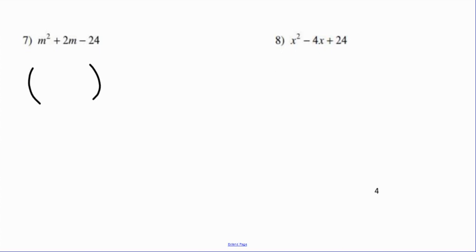Next, I have m squared plus 2m minus 24. So let's take care of our first term of each binomial. So now I need factors of 24 that add to 2.